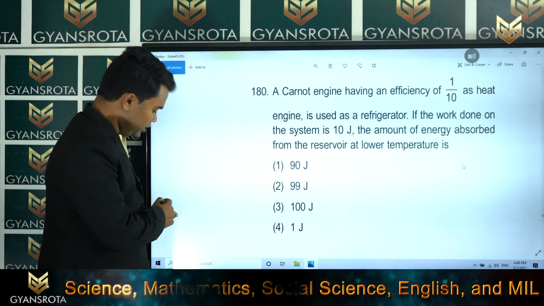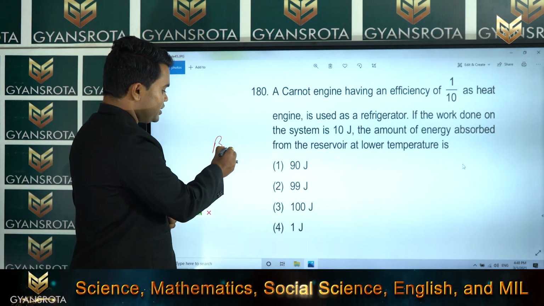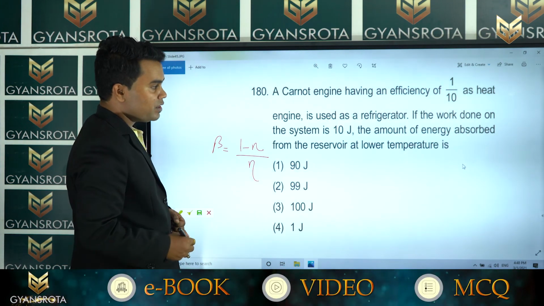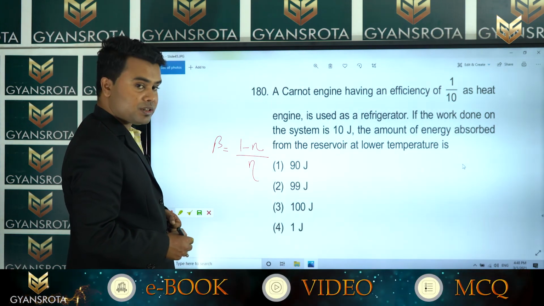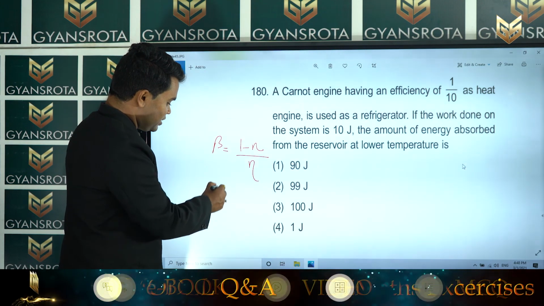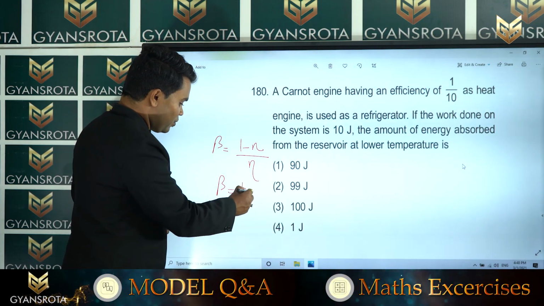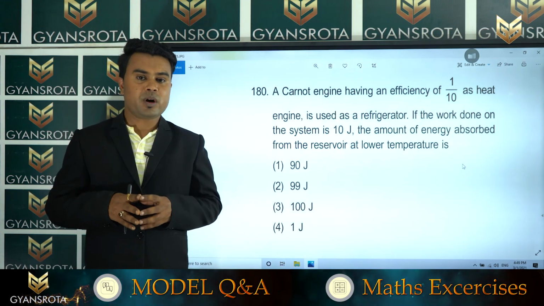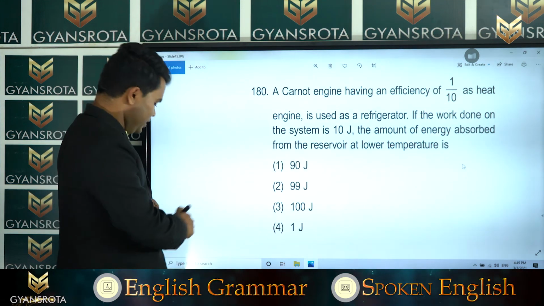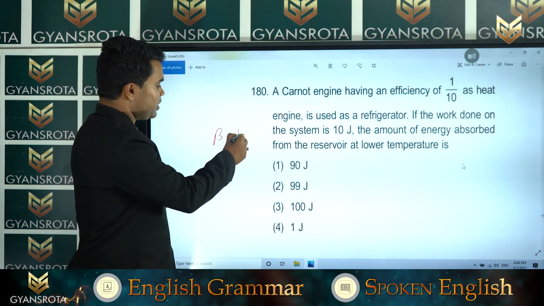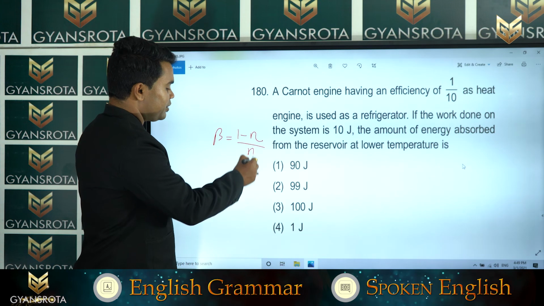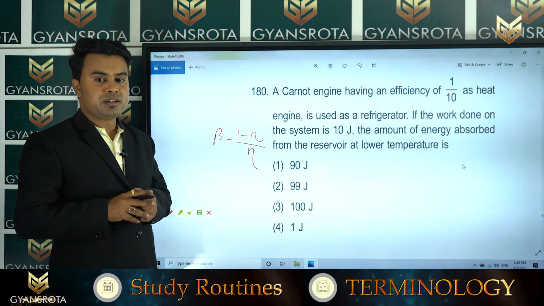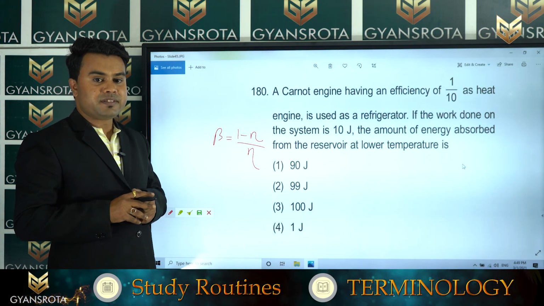You are going to use the formula, that is beta equals 1 minus eta divided by eta. So, this beta can be written as total heat divided by work done. So, in this one you are going to use the formula beta equals 1 minus eta divided by eta, where eta is the efficiency of the Carnot engine, right. 1 by 10th is given to you.